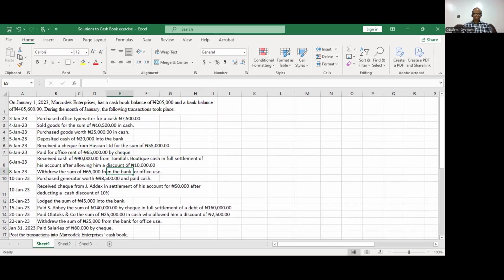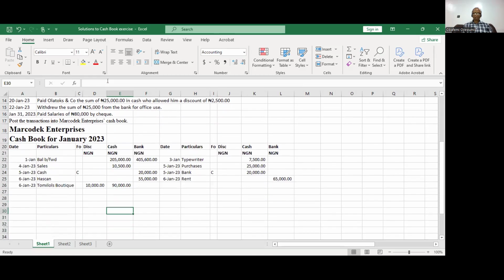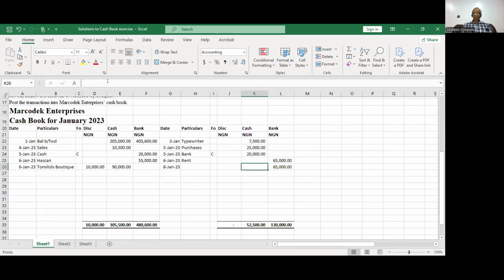Next transaction: withdrew the sum of 65,000 from the bank for office use. So this is a contra entry now. Withdrew from the bank for office use. So let's go to our credit side. On the 8th of January 2023, withdrew cash of 65,000 from the bank for office use.